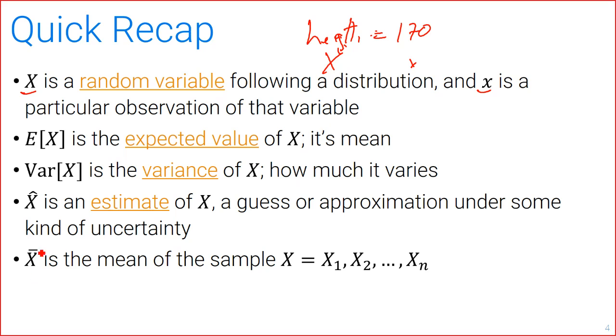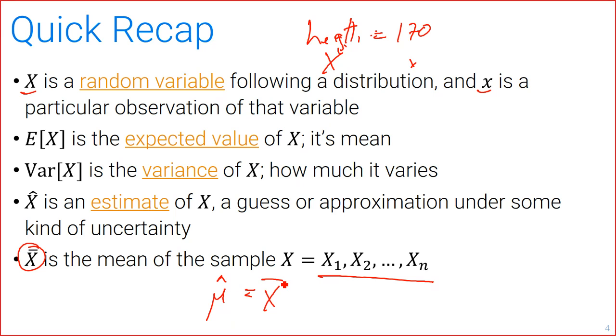And as we knew, X bar refers to the sample mean. So if we have certain observations here, we can compute the sample mean of the sample. Like we saw in the previous lectures, one of the things that we typically care about is the mean mu in the population. We can estimate it with the sample mean.